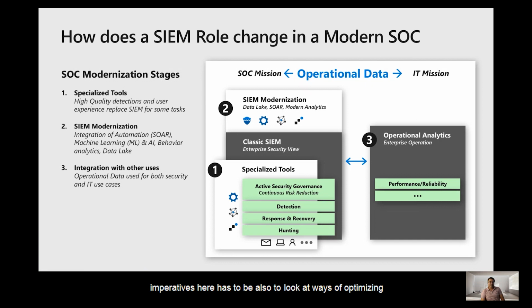So one of the big imperatives here is to look at ways of optimizing, where a common data set can be tapped by both IT and security for their individual requirements, with role-based access controls ensuring well-laid boundaries of management. This is a lot of data, and if it has to be processed separately, kept separately, and retained separately, it may require a lot of additional investment just to maintain that. So these areas should be looked at from an overall optimization perspective.